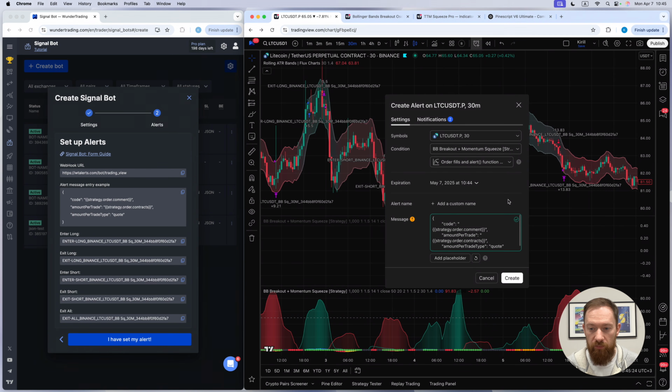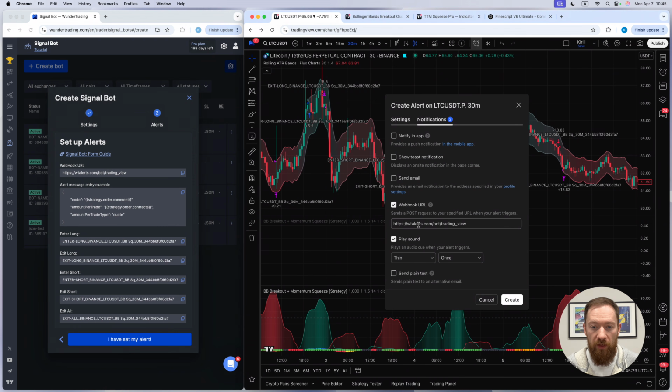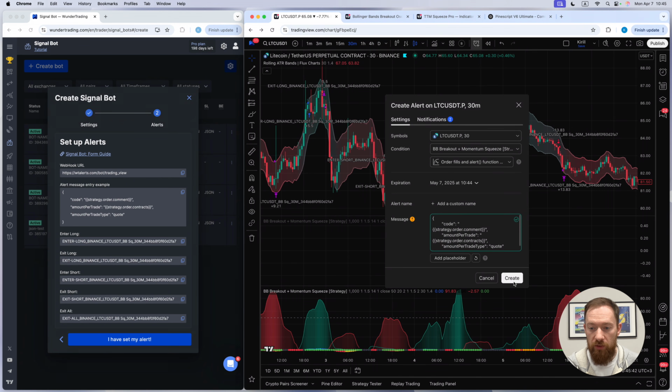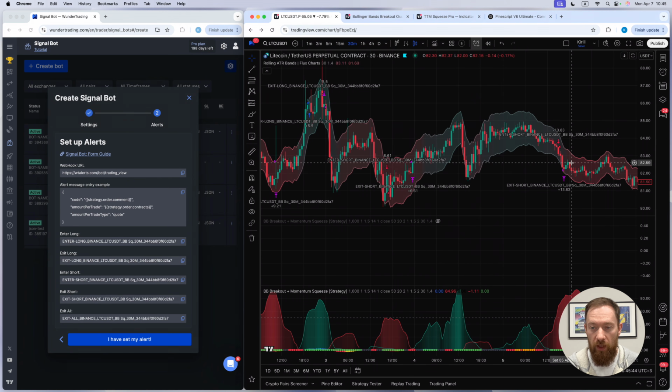And you can leave it as it is. The second thing you need to do is to make sure that the webhook is set correctly. The webhook is already provided to you, so just make sure that it goes over here. Okay, now you can just create it and wait for the alert to come in.